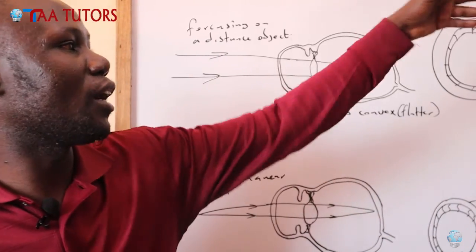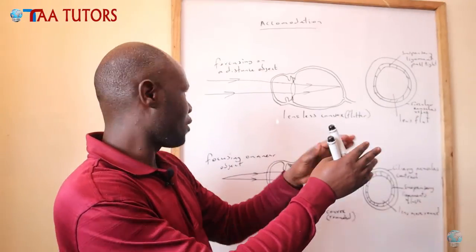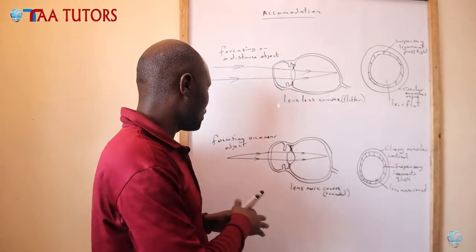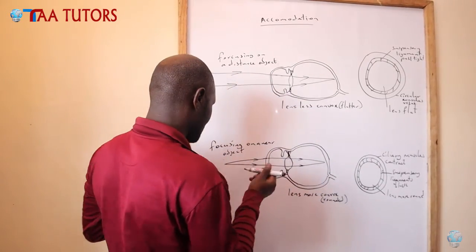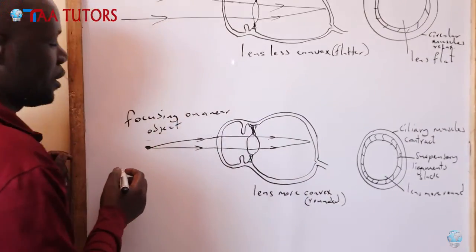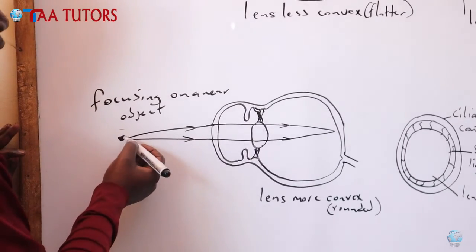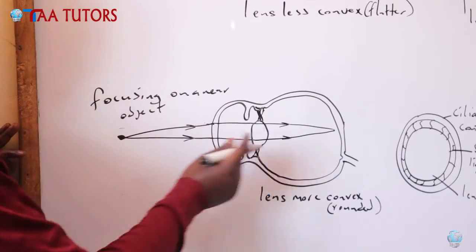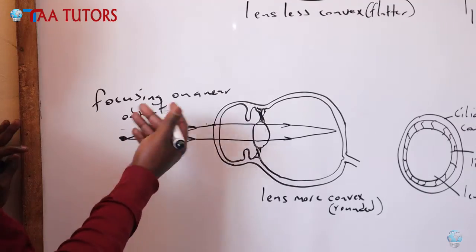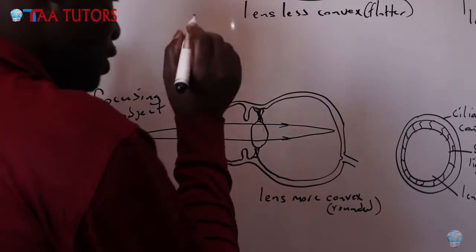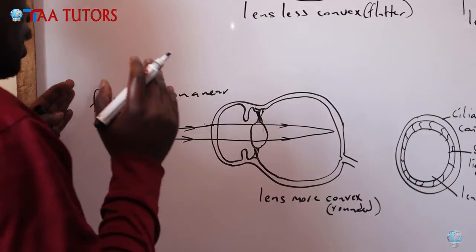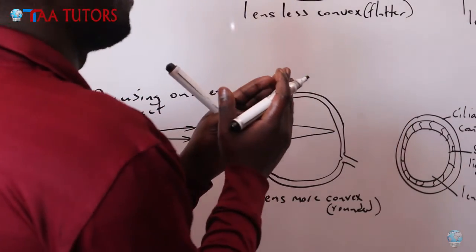Unlike when they are from far, where they are coming more parallel in direction. If this is the point where the object is, the light that is reflecting is spreading out. That's what we are calling diverging. So we need to converge them completely.